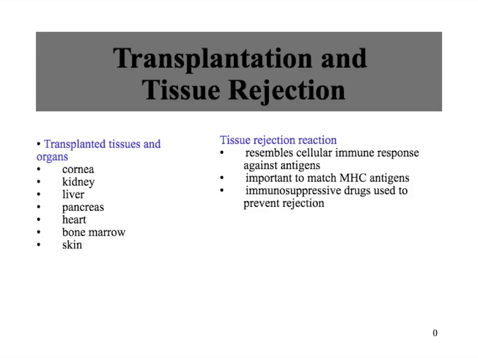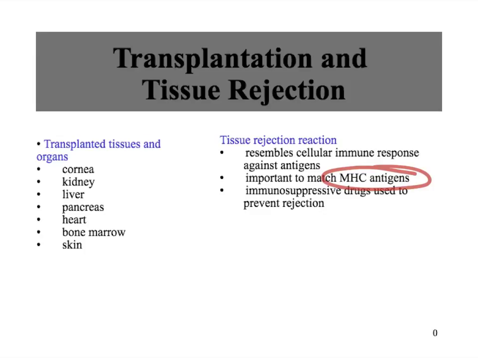The body does not see that as foreign, but as self, and will accept that. Anytime we have transplanted tissues and organs, those have also been marked with certain surface markers developed by the MHC. And we have the idea of rejection.